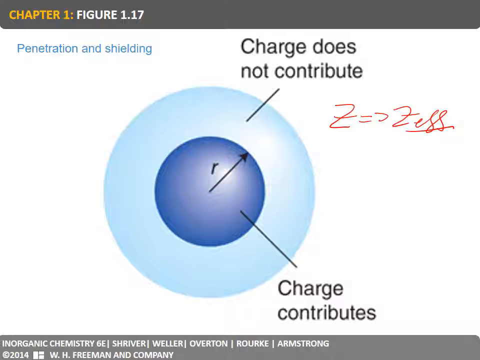Due to the shielding effect, the effective charge would always be less than the actual charge, and it is written as Z effective equals Z, the actual, minus sigma. And sigma is a certain constant that is empirically calculated.